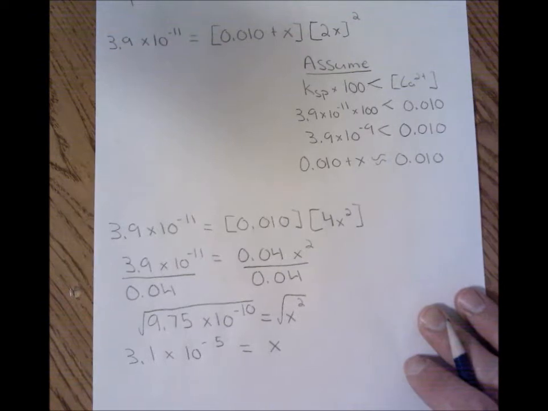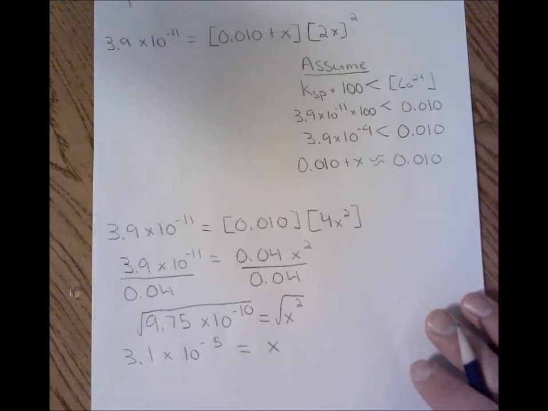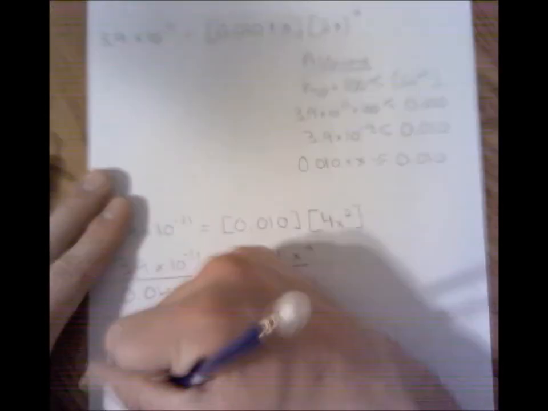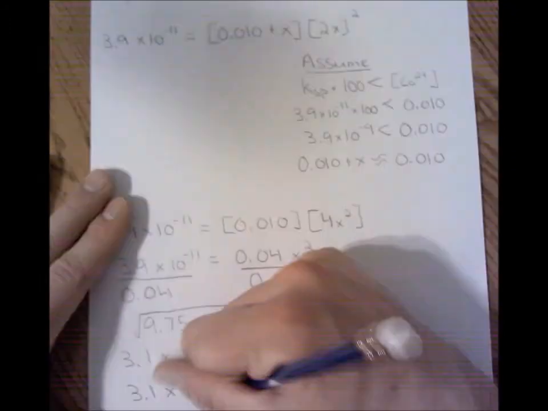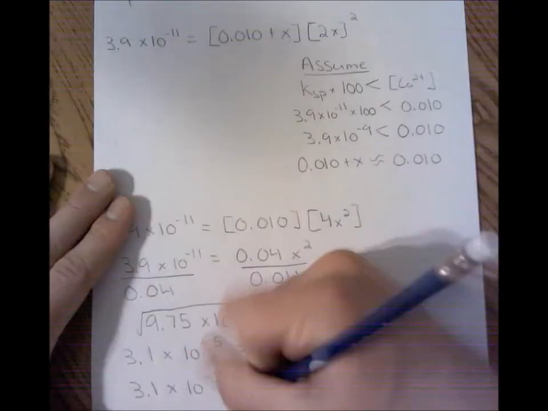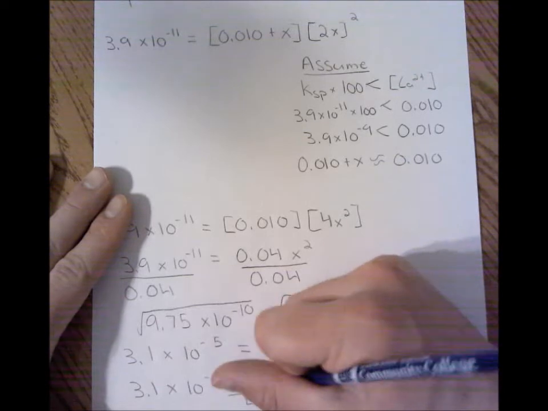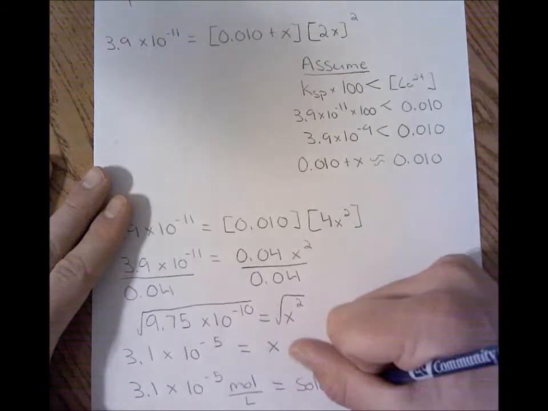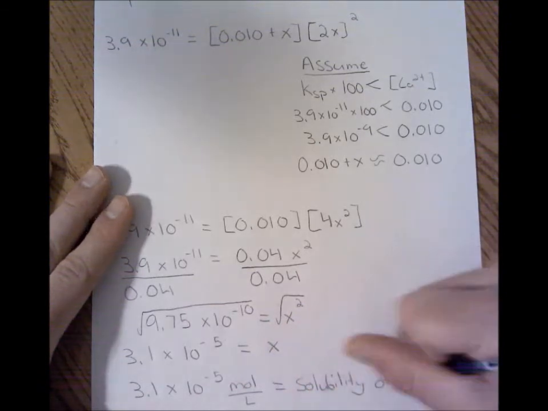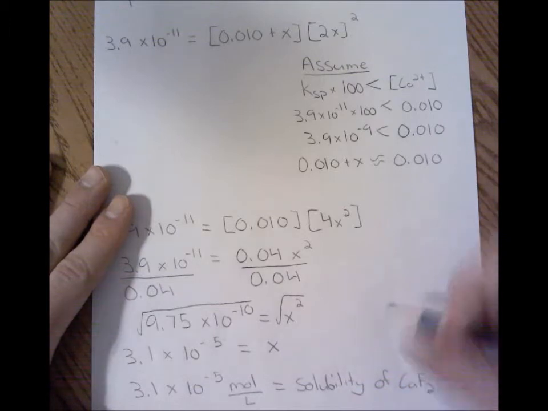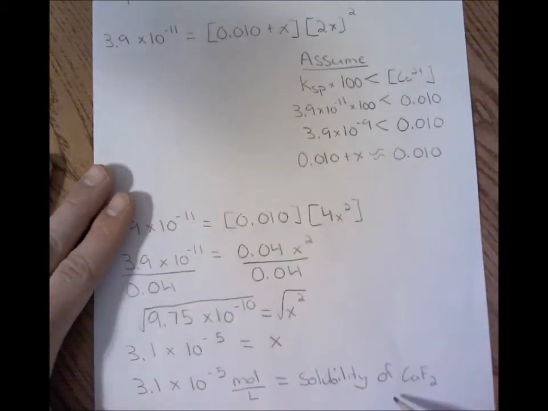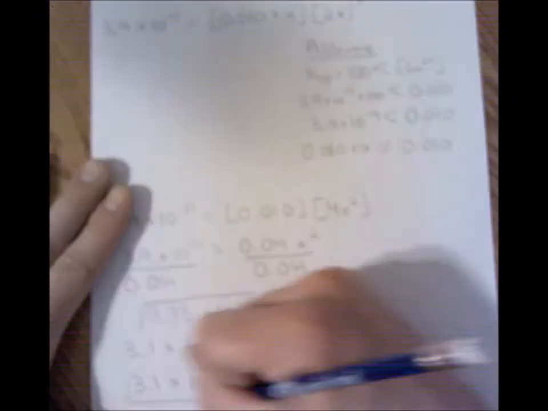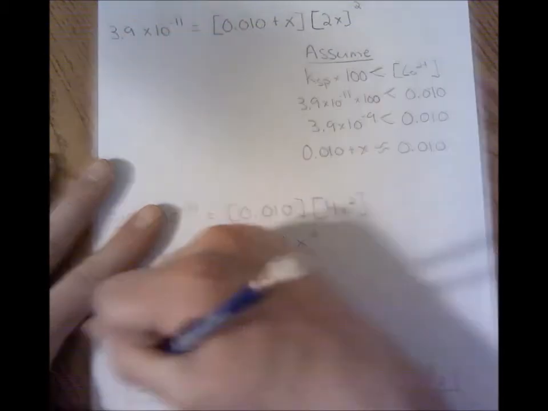So our answer is 3.1 times 10 to the negative fifth moles per liter, the solubility of calcium fluoride, and that calcium fluoride had that common ion. So we have to remember that. Now, moles over liters can also be expressed as molarity, but this becomes our final answer to our problem.